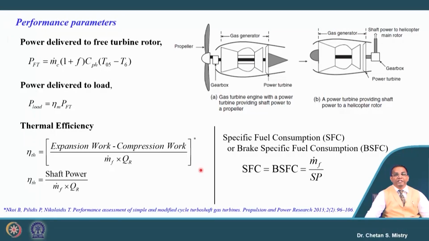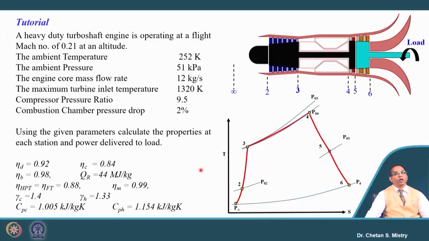It is written as m dot f divided by shaft power. If it were thrust, it would be m dot f divided by thrust, but this engine is not generating thrust, it is generating power, so we write m dot f divided by shaft power.